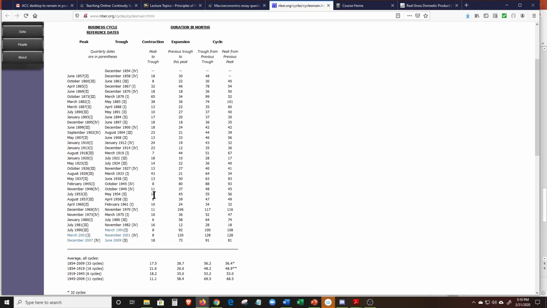And they all get shorter and shorter and shorter, which basically used to mean that the Keynesian economists who were into managing aggregate demand thought they were doing a great job. And of course, the expansions start getting longer.